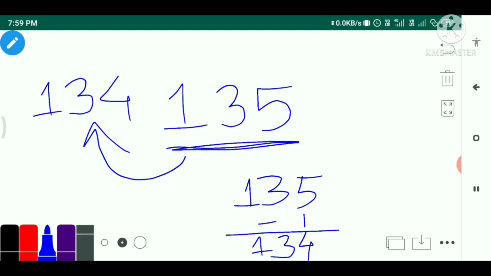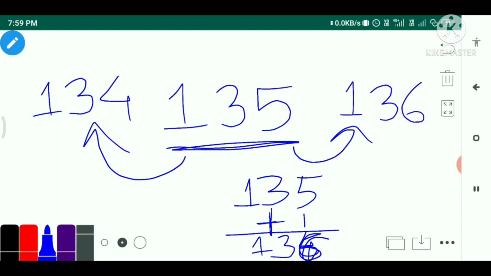Clear? Now if I ask you what will be the successor, what will you do? You will do plus 1 with 135. If I do plus 1 with 135, I will get 136, right? So this is the successor.